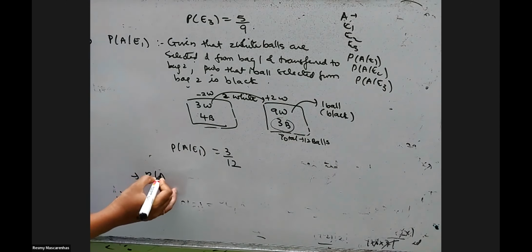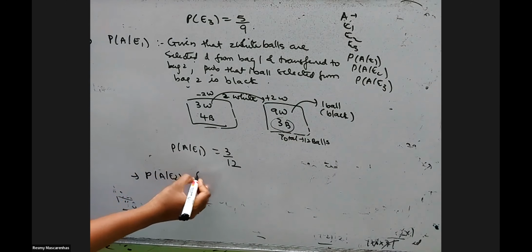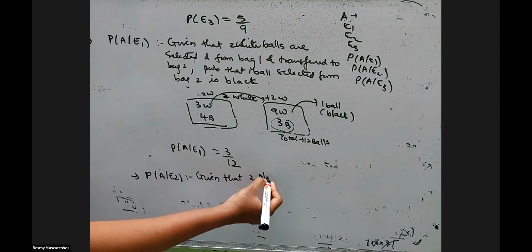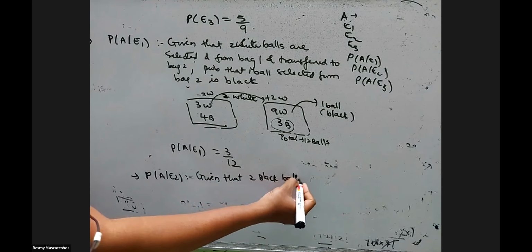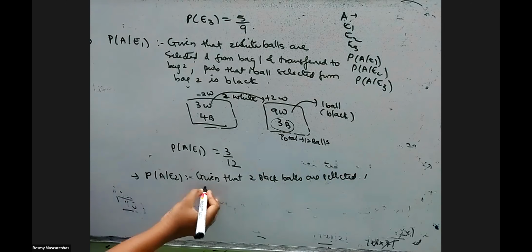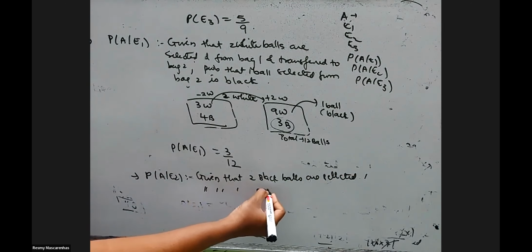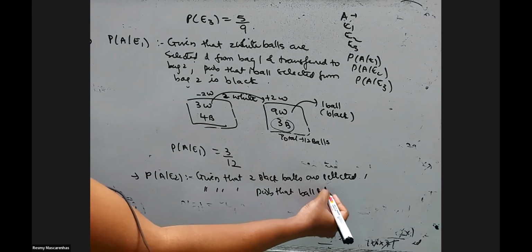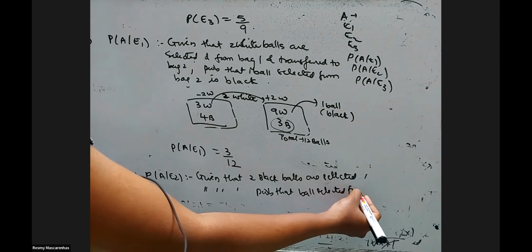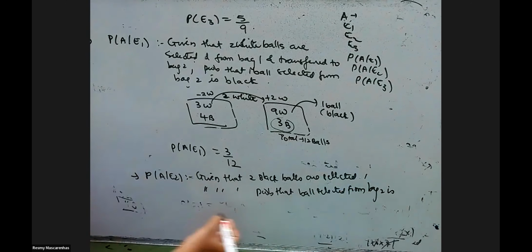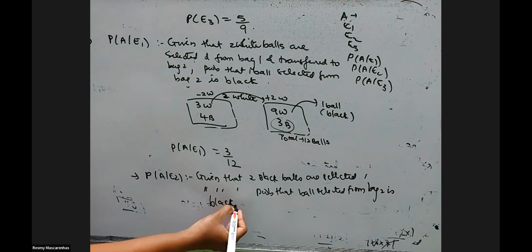P of A upon E2, given that two black balls were transferred. Probability that ball selected from bag 2 is black. That will not change.